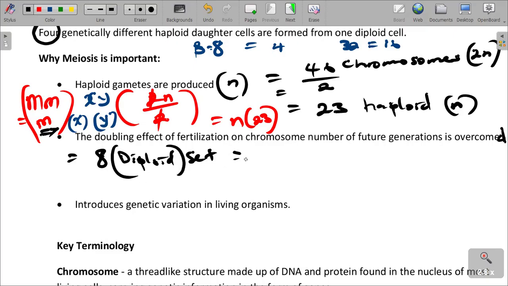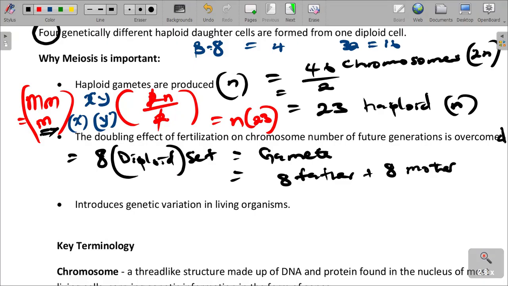And then when a gamete is formed, it is the same concept: we are not going to see 8 from the father plus 8 from the mother. If it occurs, you know that this is a doubling effect, and the total number of chromosomes in the organism is going to give us 16.